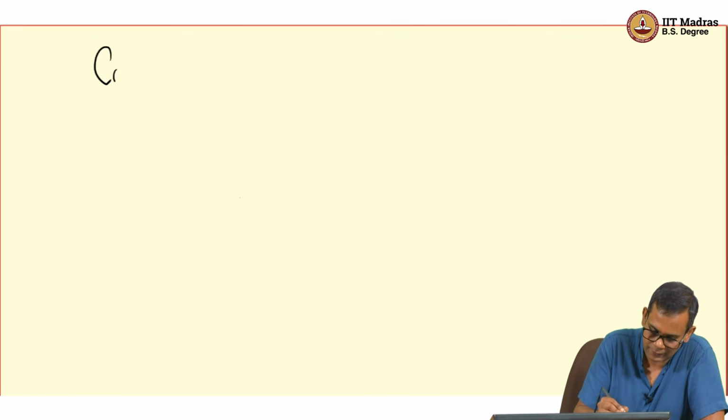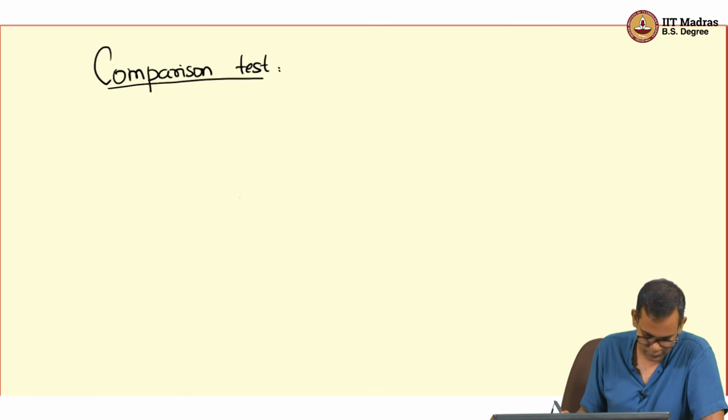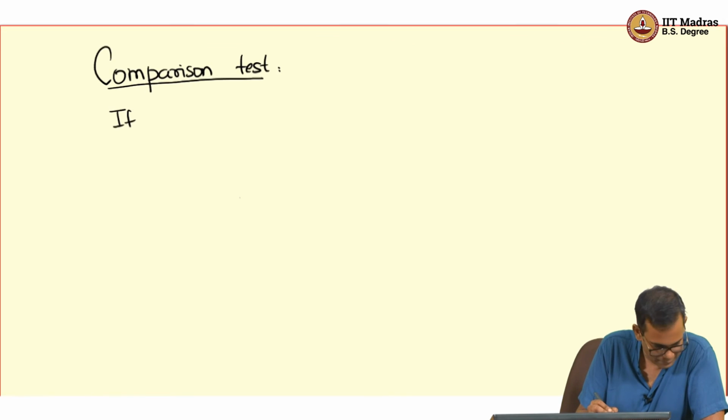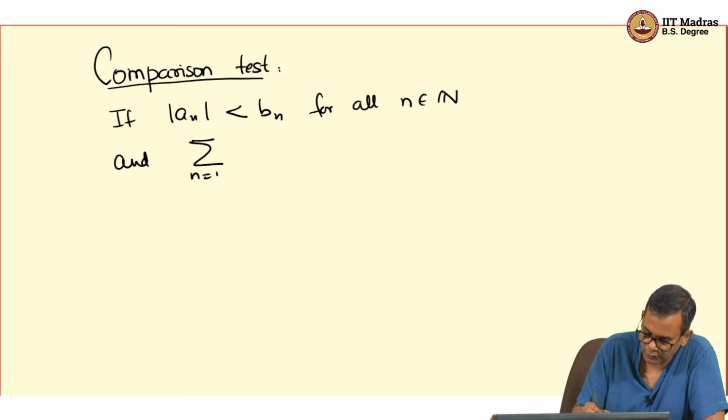The most commonly used test to decide whether or not a series converges is what is called the comparison test. And once you know that one series converges, any series that can be compared with it can be shown to converge. So, what it says is that if A_n and B_n are sequences such that A_n in absolute value is less than B_n for all n, and the series sum from n equals 1 to infinity of B_n converges.